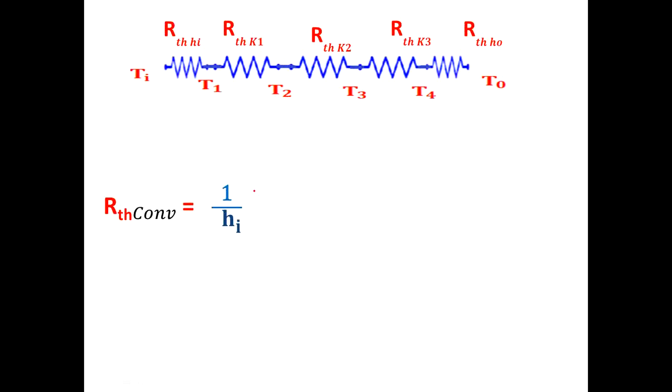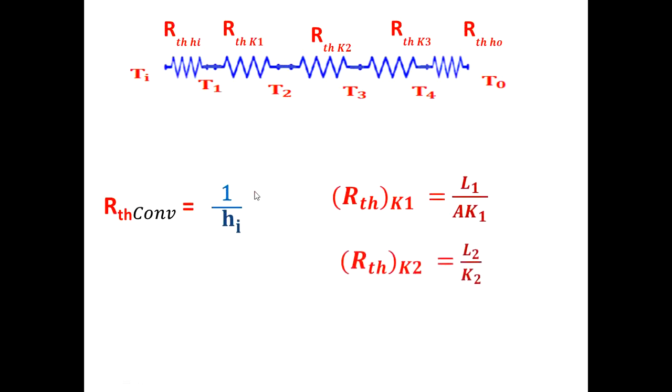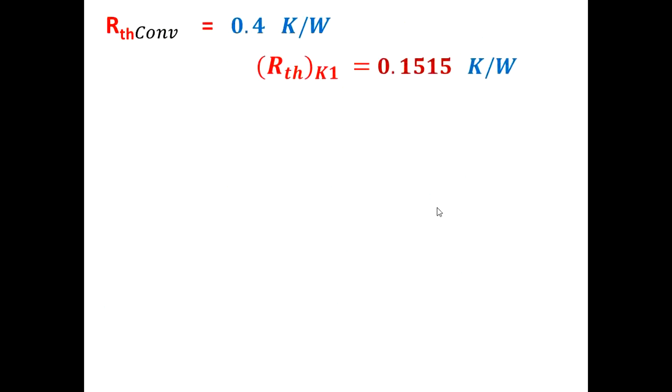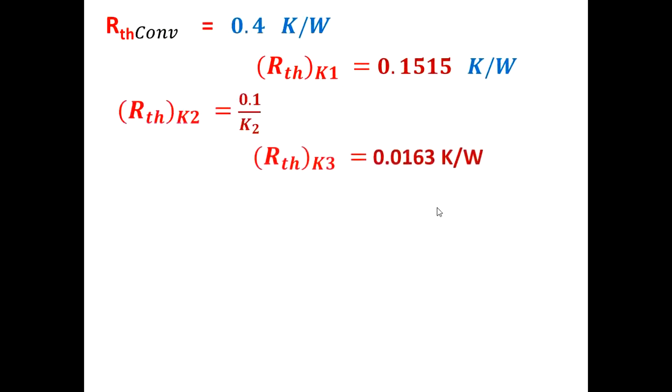This value is 1 divided by HI, RK1 is L1 by K1, L2 by K2, L3 by K3. A is 1 meter square here, you need not take it, and 1 by H0. You can find the convective resistance at inside and at outside.